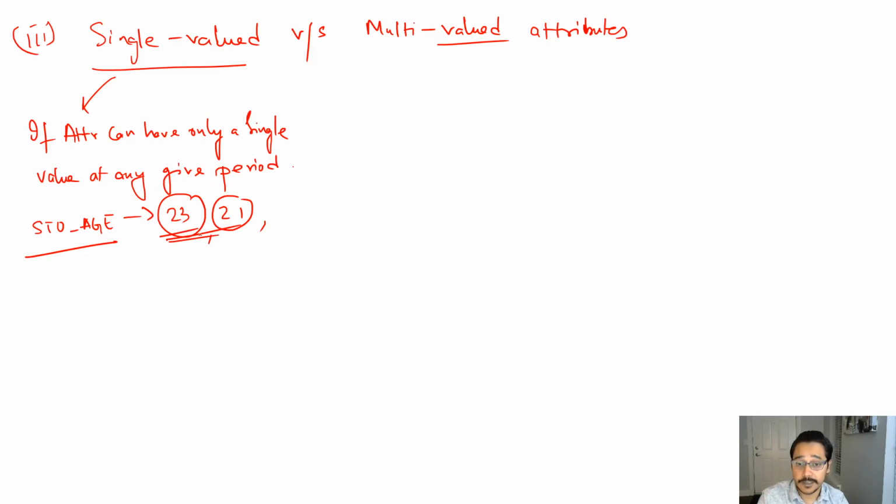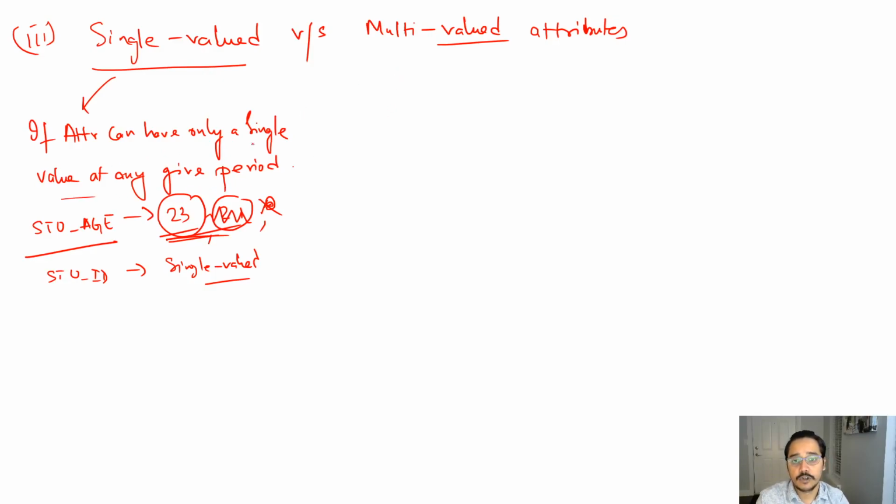Anyways, I digress. So coming back to the point, student age is an example of single valued attribute, right? Similarly, student ID is also an example of a single valued attribute. Okay, because the definition is, the attribute can have only a single value at any given time period.